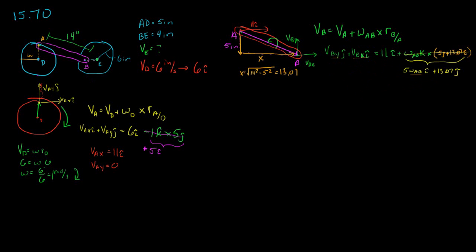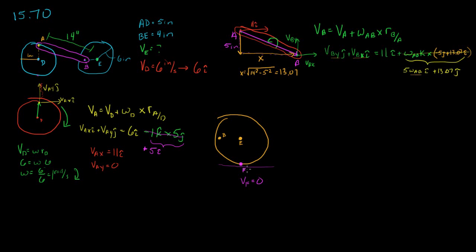So let's take a look at this wheel right here. This wheel E. And if we take a look at this wheel, we have this point E, and we have this point B. Well, we don't know much about E. This is what we're going to try to figure out, but we do know on the ground right here, if we have a point E, let's call this F, we know the velocity of point F. The velocity of F is going to be equal to 0 because the ground is not moving.